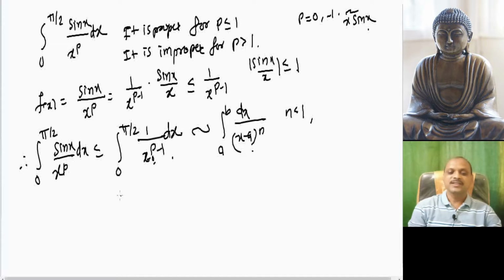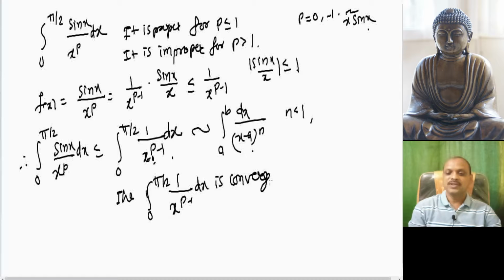Therefore the integration 0 to pi by 2 of 1 divided by x raised to p minus 1 into dx is convergent for p minus 1 less than 1. Adding 1 to both sides, p is less than 2.